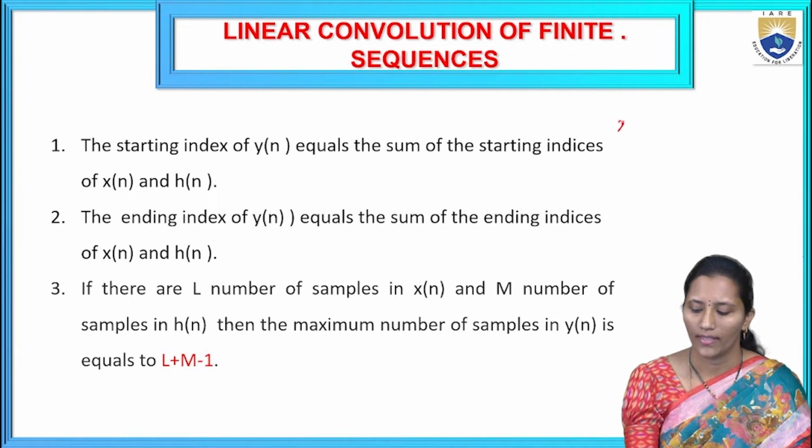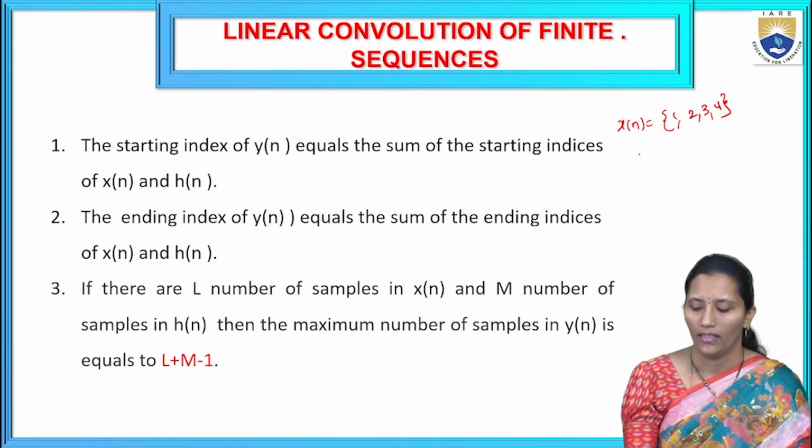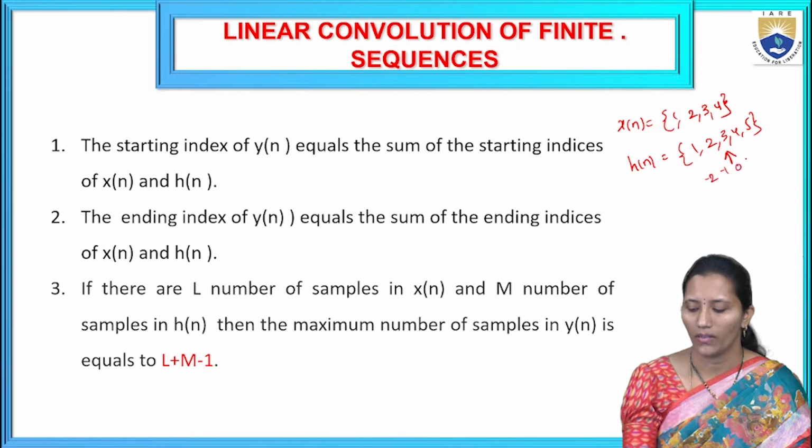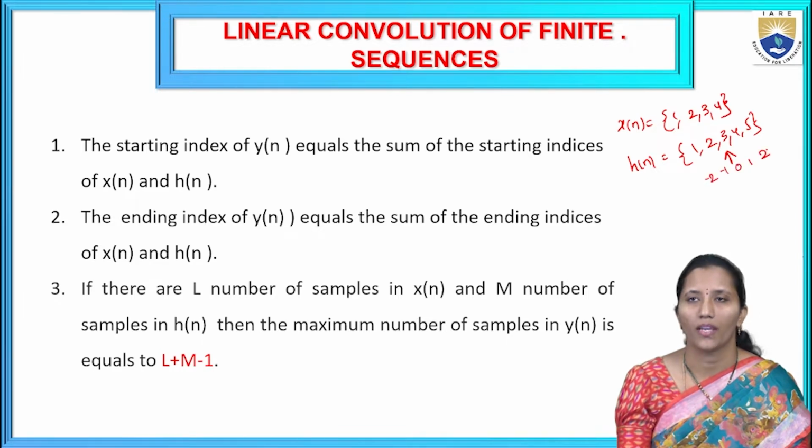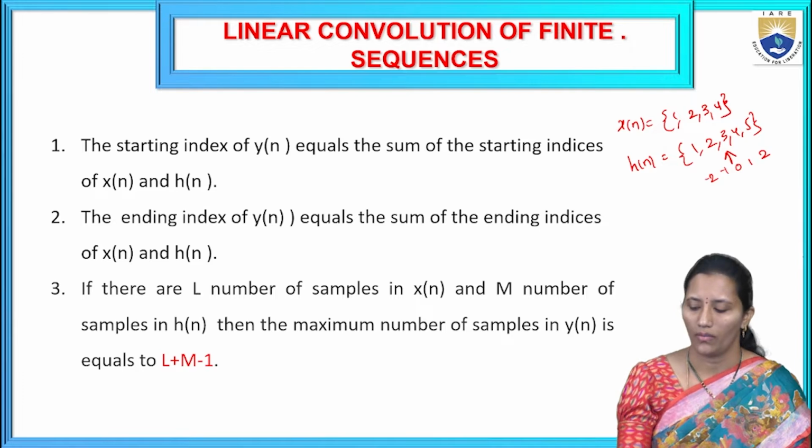Suppose I have x of n sequence 1, 2, 3, 4 and my h of n sequence is 1, 2, 3, 4, 5, and the index of h of n is starting at -2, -1, 0, 1, 2. The arrow mark indicates the 0 sample. So this is the -2 sample. So h of n is starting from -2. x of n is starting from 0.